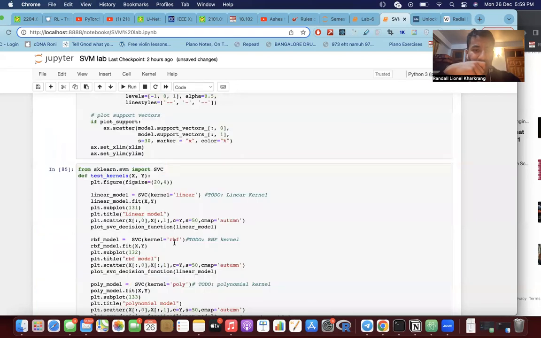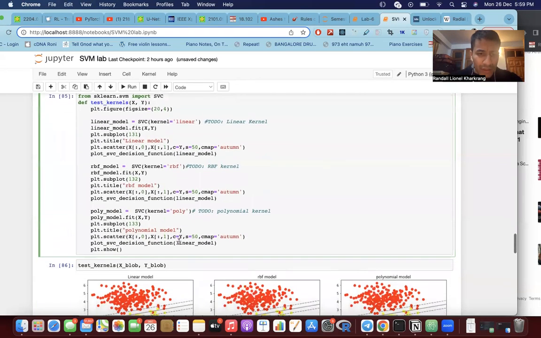And oh, I didn't change this. Did I change this?